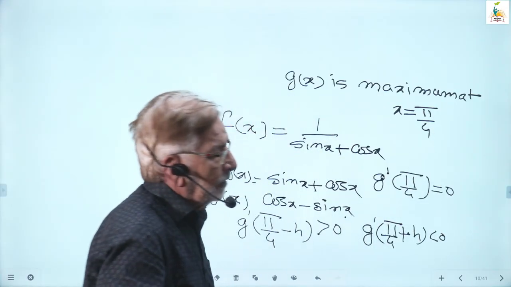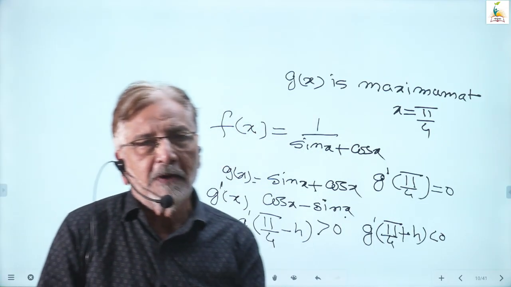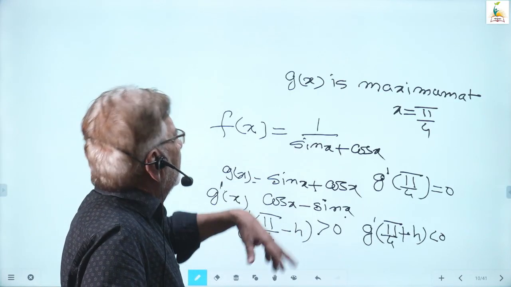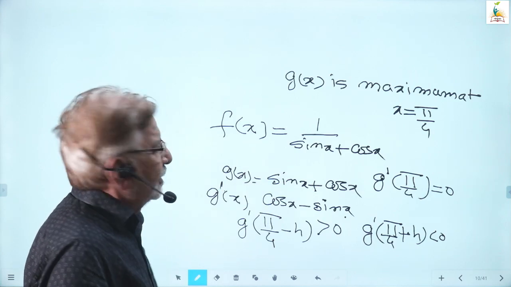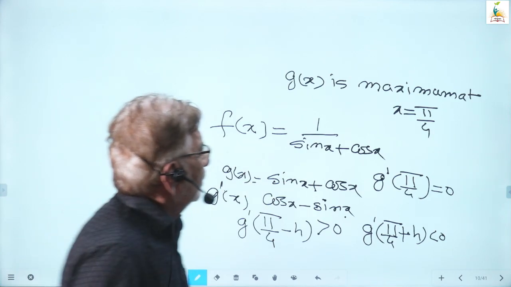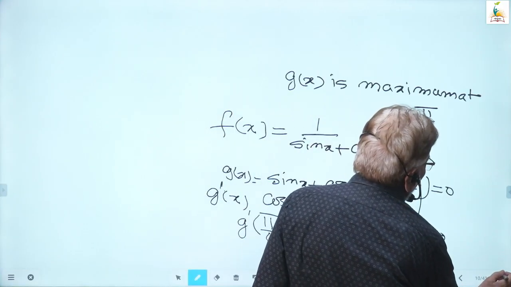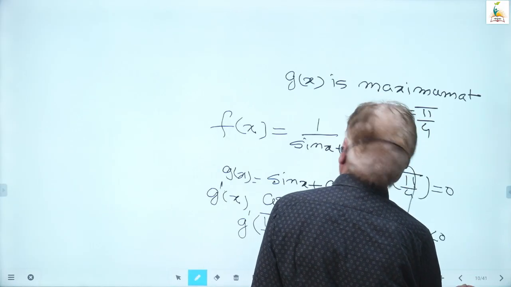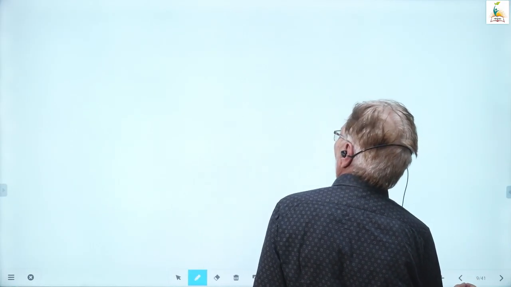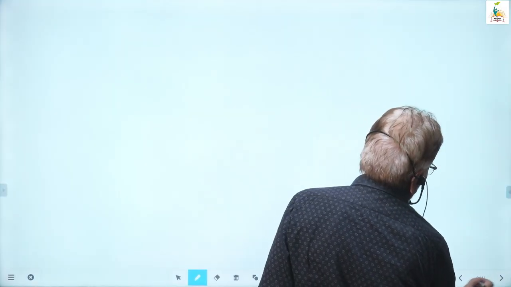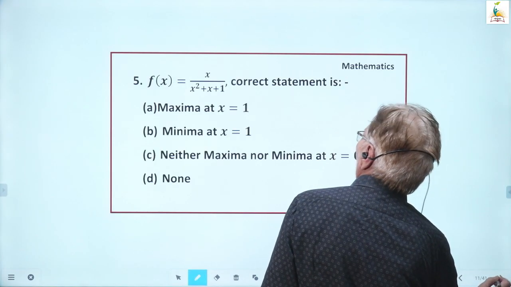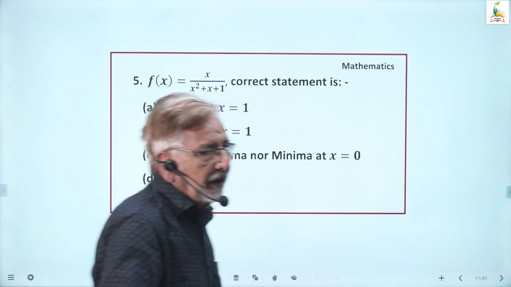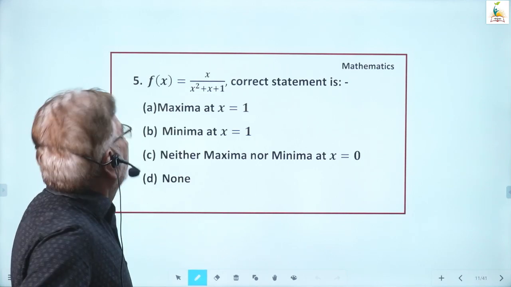Now what I told you, you find the maxima minima of 1 upon f(x) and then reverse the result. g(x) is maximum at pi by 4, so f(x) is minimum at pi by 4. So the correct statement is, this function is minimum at x equal to pi by 4.